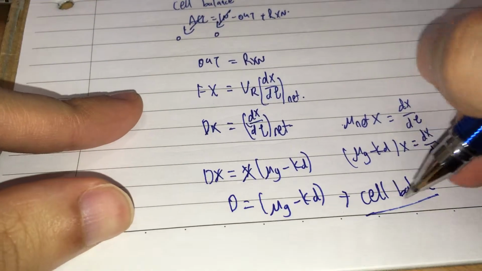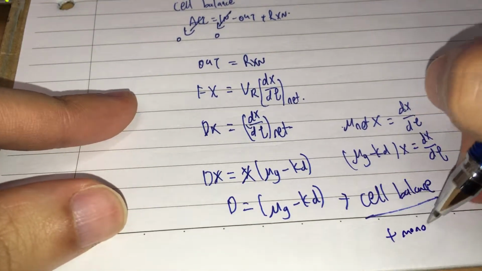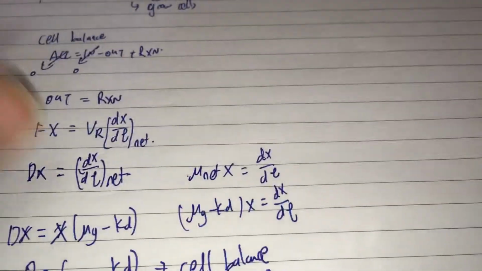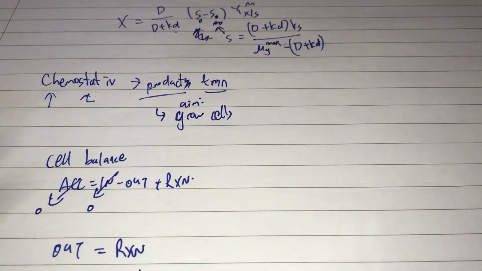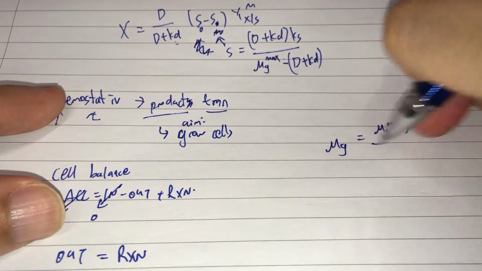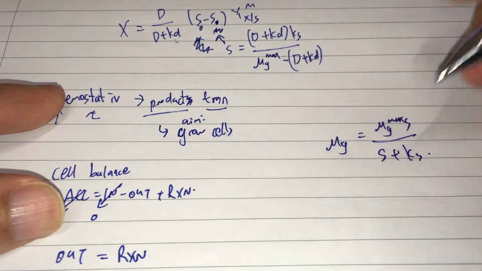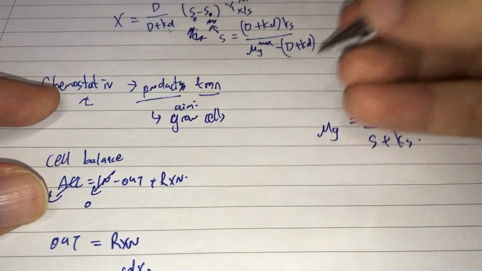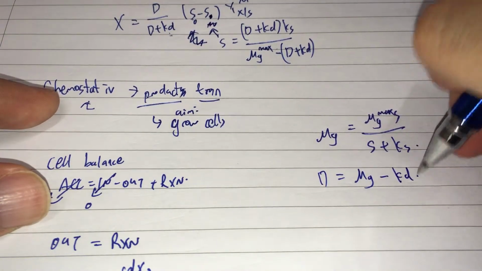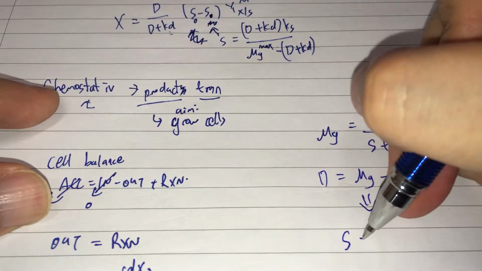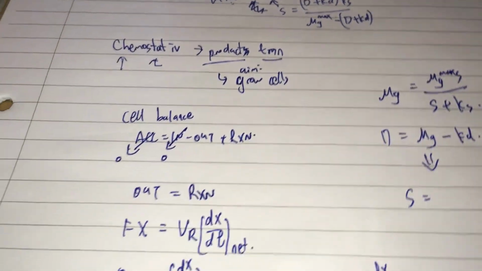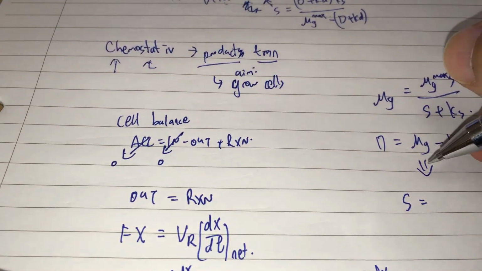With the Monod kinetics, mu g max S over S plus Ks, it doesn't change, and since the cell balance doesn't change, we can conclude that the steady state value of the substrate also doesn't change.